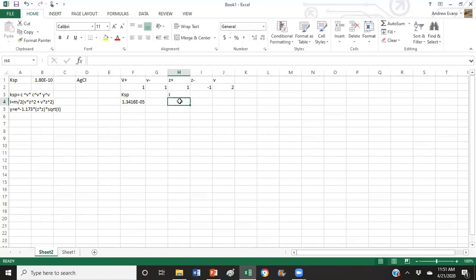The ionic strength I is going to be that concentration divided by 2 times this times this squared plus this times this squared.